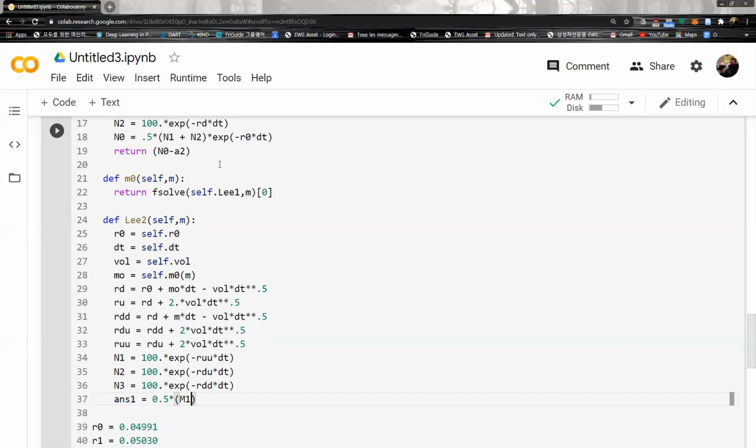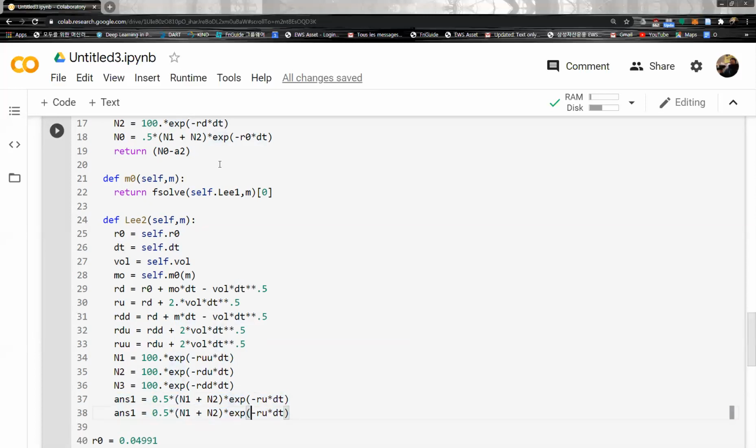So N1 plus N2, right? N1 plus N2, and then we have the interest rate over there, multiplied by exp of minus RU multiplied by dt.